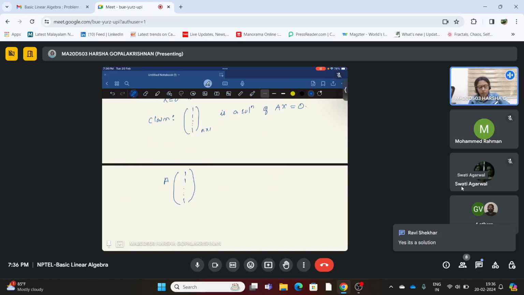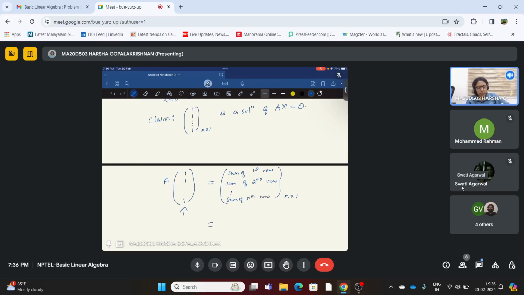Because if I take A into the column of ones, what will I get? The first row is multiplied with the column of ones, so that is the sum of the first row. Next is the sum of the second row, etc., up to the sum of the nth row.